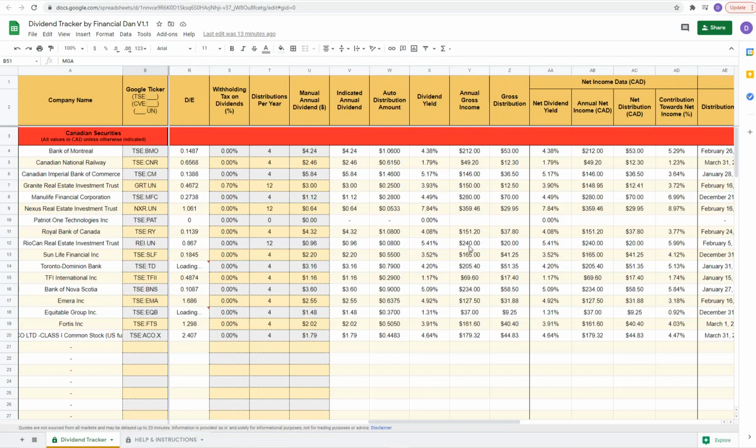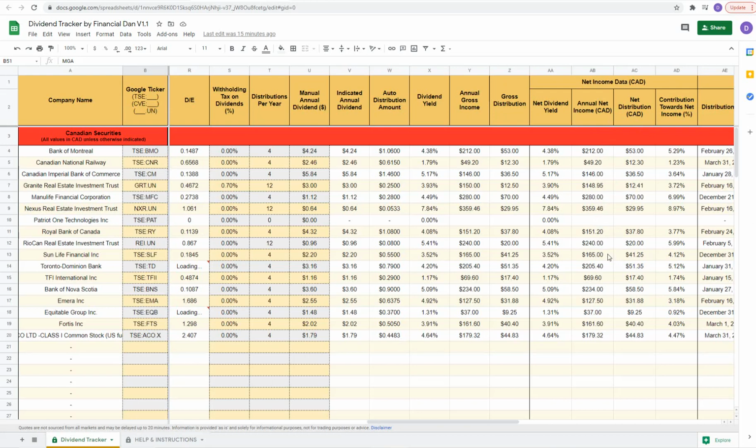Now, this does not take into account any sort of withholding tax, which is where the net income data comes in. The net dividend yield is the dividend yield after taking into account any sort of withholding tax that's been deducted. And then the next two fields, annual net income and net distribution, is always going to be in Canadian dollars, regardless of whether it's on the US or Canadian side of the spreadsheet.